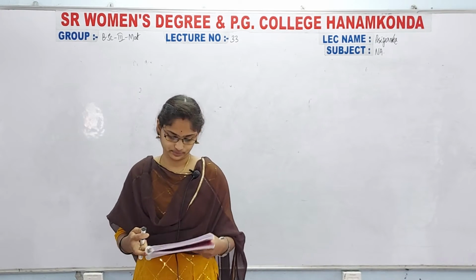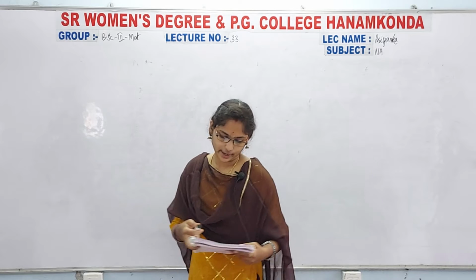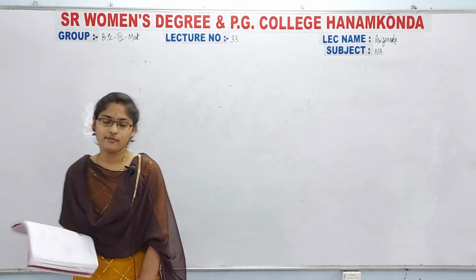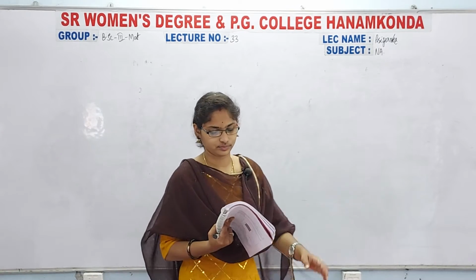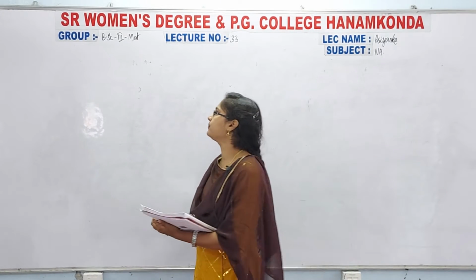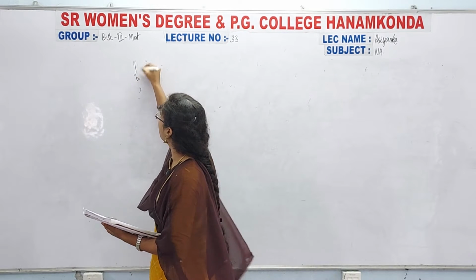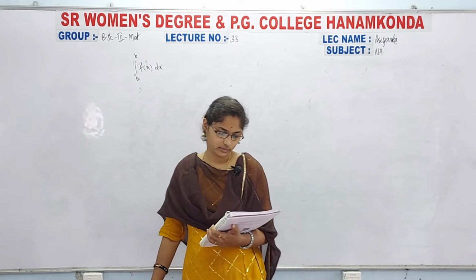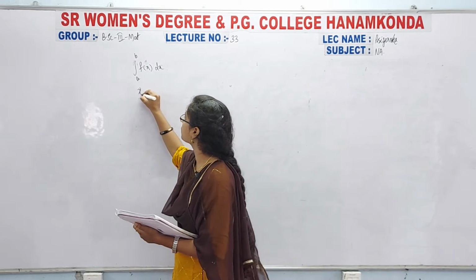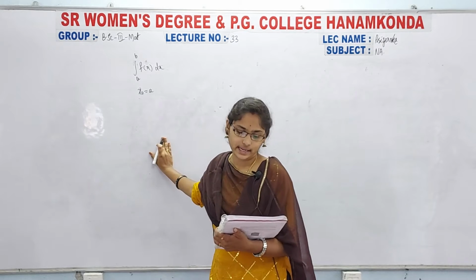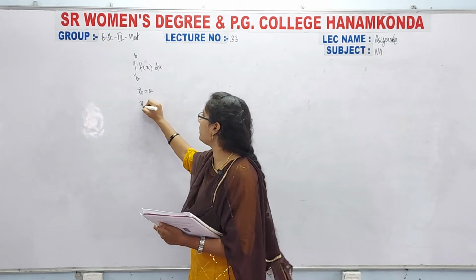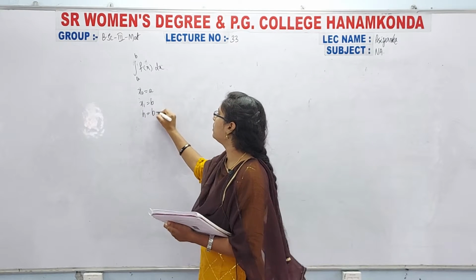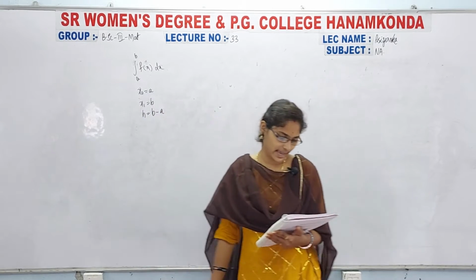To derive the trapezoidal rule for approximating integral a to b f of x dx, let x0 equal to a, x1 equal to b and h equal to the difference b minus a.